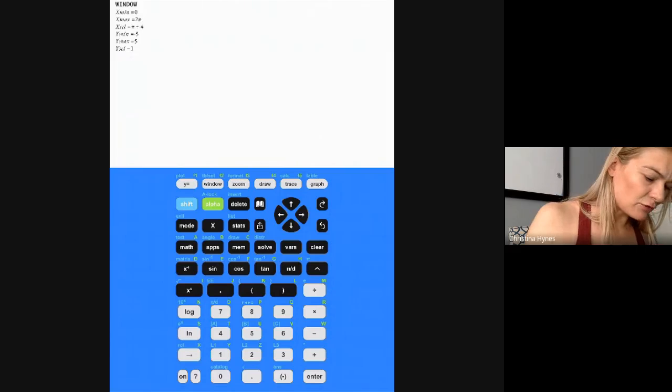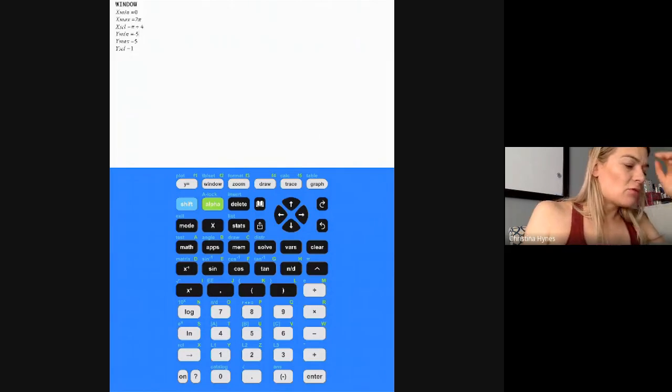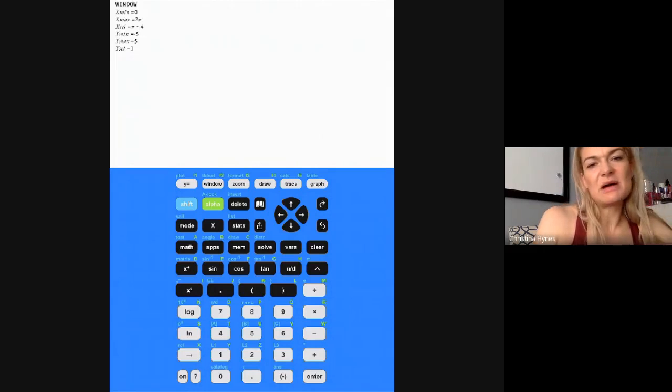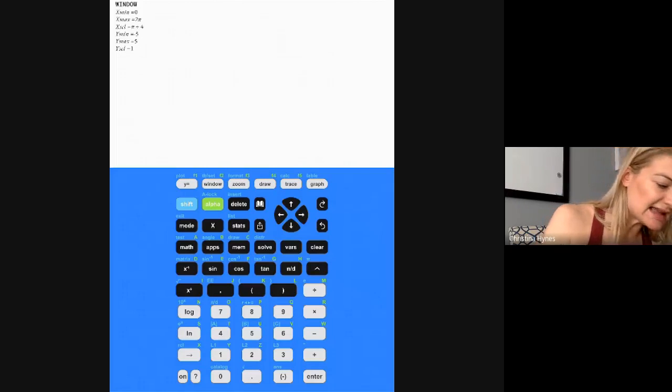So pi over 4 is what I'm using for my scale. My y min and y max, I can keep them the same for now and then adjust them if I have to. All I need is my x-intercepts. If you solve for your x-intercepts, then that is the answer. So as long as you can see the x-axis, that's all we need.